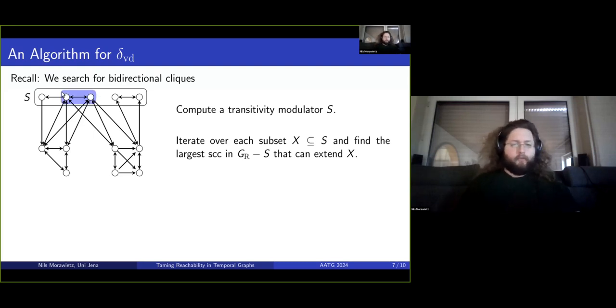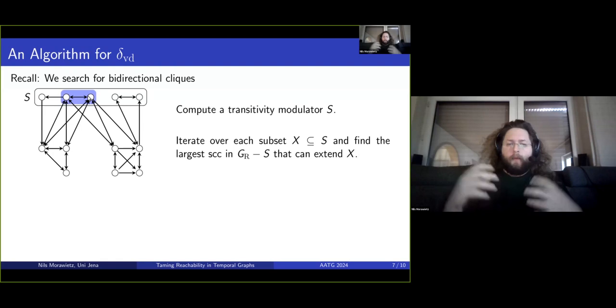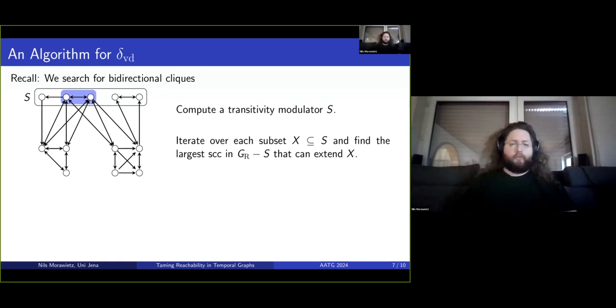So let's say we have these 2 blue vertices and we want to know what is the largest bidirectional clique containing exactly these 2 vertices and no other vertices from S. So we can remove all other vertices from S from this graph. And since we're looking for a bidirectional clique, we only keep those vertices from the bottom part that are bidirectionally connected to both these vertices.